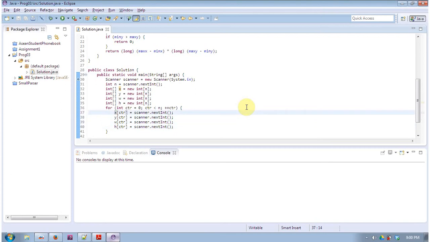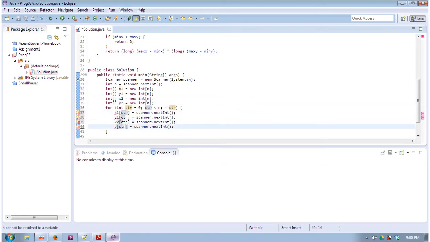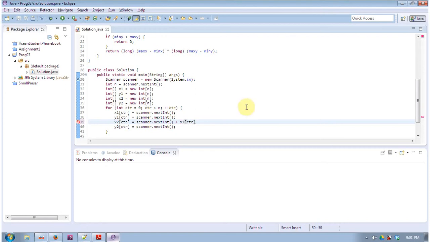I just want to call them x1, y1, x2, and y2. Since we're getting the width, x2 is just the previous values added.